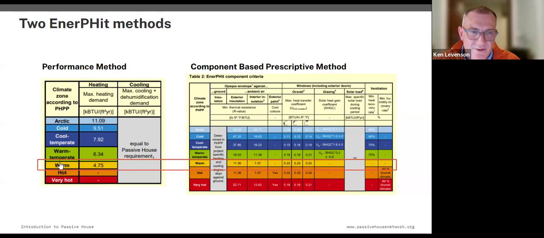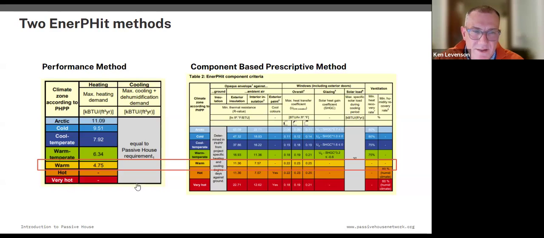If you're in a warm climate, it keeps you right at where the same standard is for new construction. And why it does that for tougher climates is, for an existing building, there are lots of things you can't control. And so it makes an allowance for that while still going after a whole bunch of the high performance qualities of it.